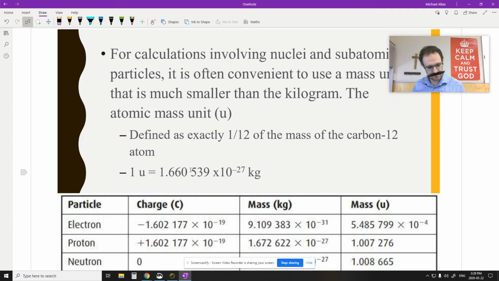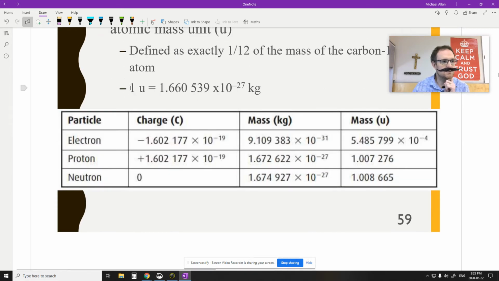If I had a formula sheet on me that had these constants on it. Weird. Oh, nope, I lost it. Doesn't matter. Okay, but it's 1.66. There are all these little sig digs afterwards for more precise calculations. I might use those in some calculations, but most of the time I'll just use 1.66 times 10 to the negative 27.